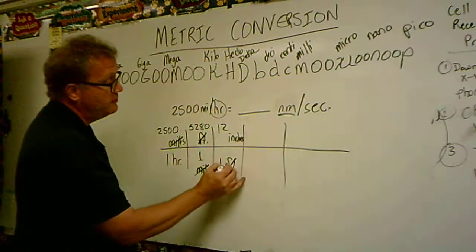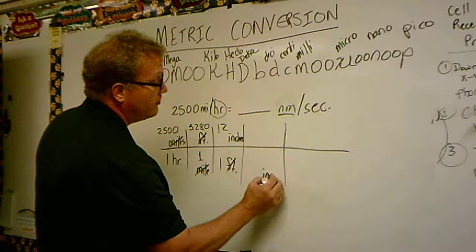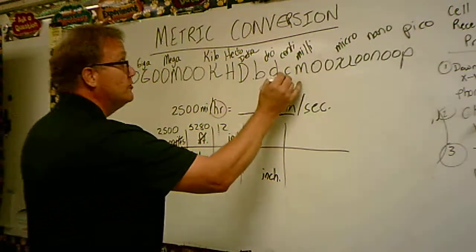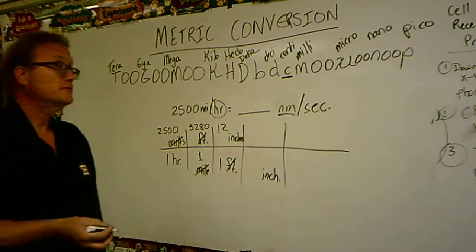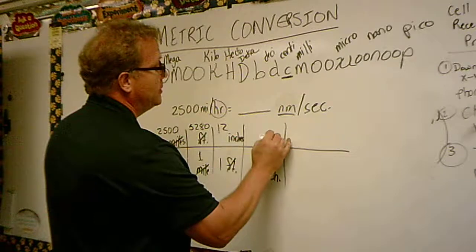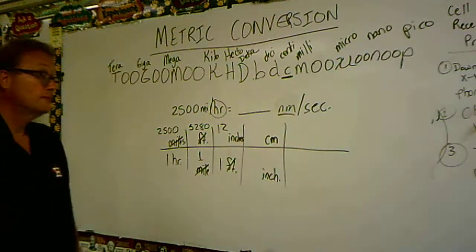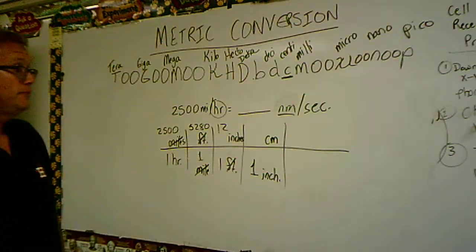So we've got feet, feet cancel out. Now I have inches. Inches goes to the bottom. And this is now my way of getting to something called centimeters. So we got centimeters here. Which one's the big one? Inch is the big one.